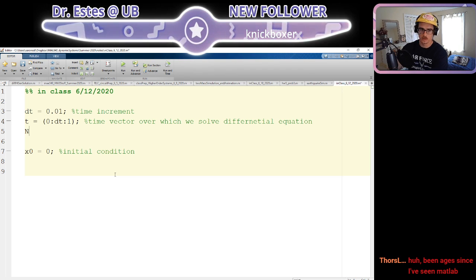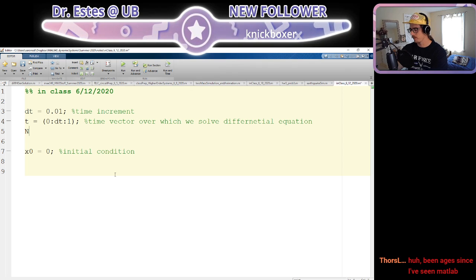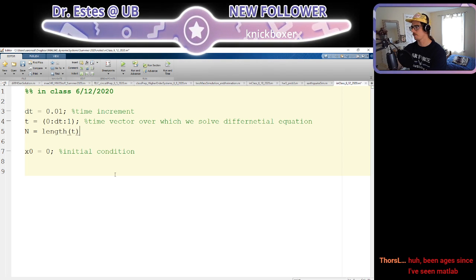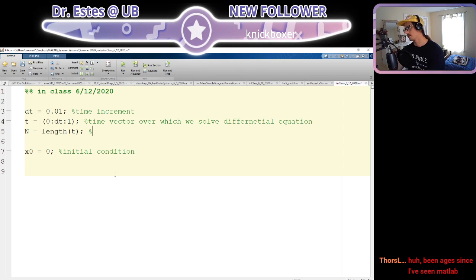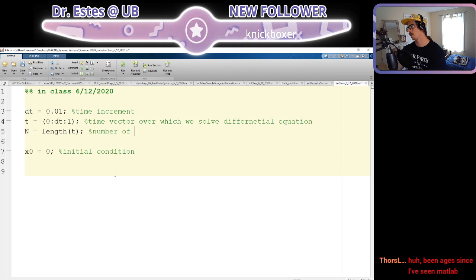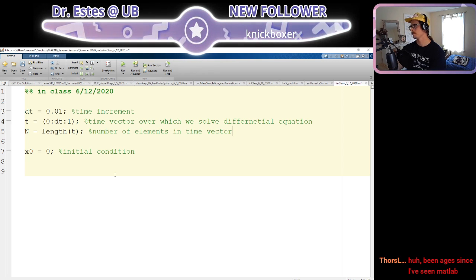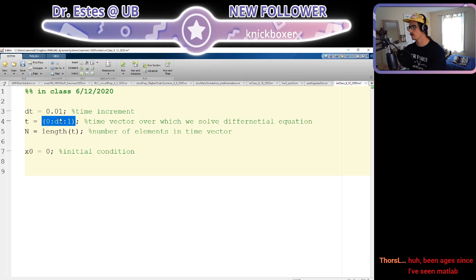Okay, I'm going to define another variable. I'm going to call this capital N, the length of my time vector, the number of elements in the time vector. That's all the length does. And we already know this should give 101.